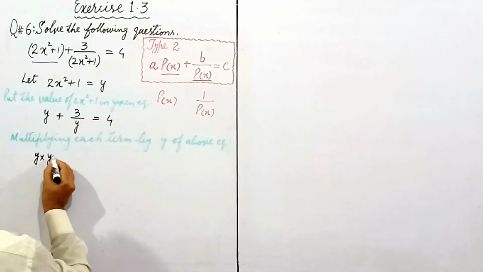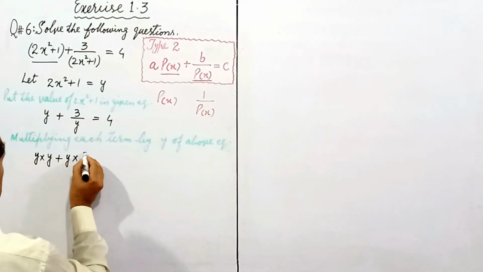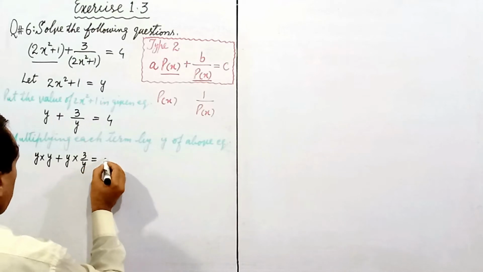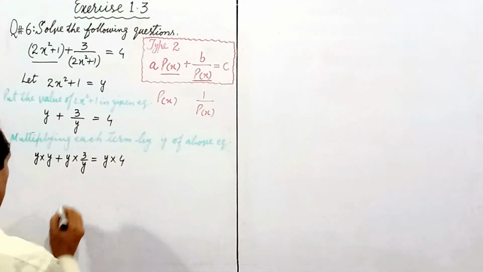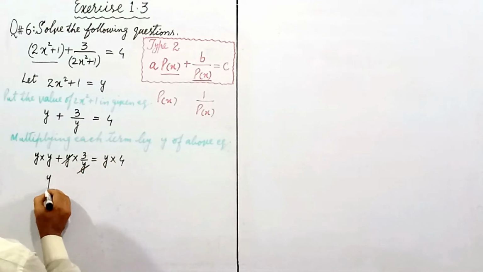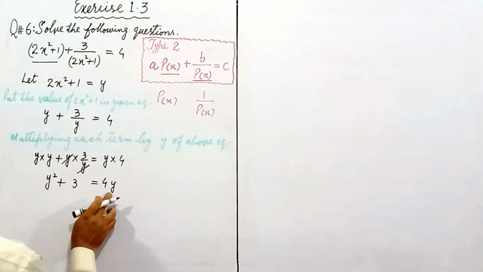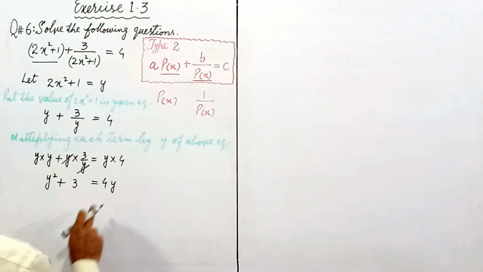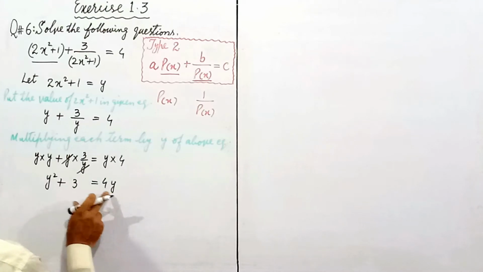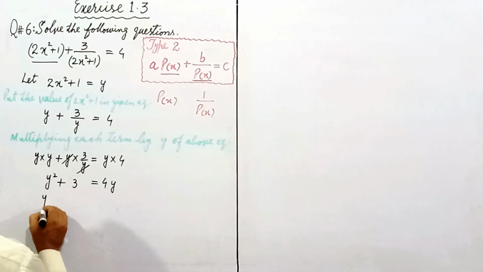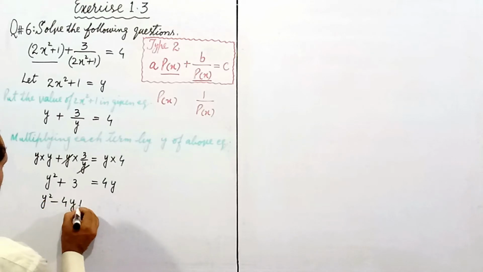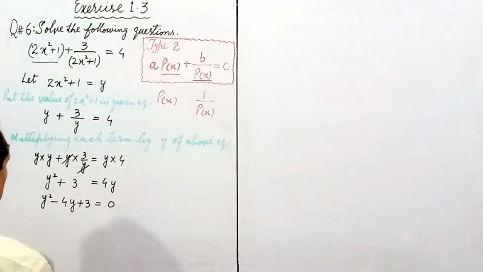Y multiply y plus y multiply 3 over y equal y multiply 4. Y is cancelled by y, we have y square plus 3 is equal to 4y. 4y is taken to the left hand side to write this equation in standard form: y square minus 4y plus 3 is equal to 0.